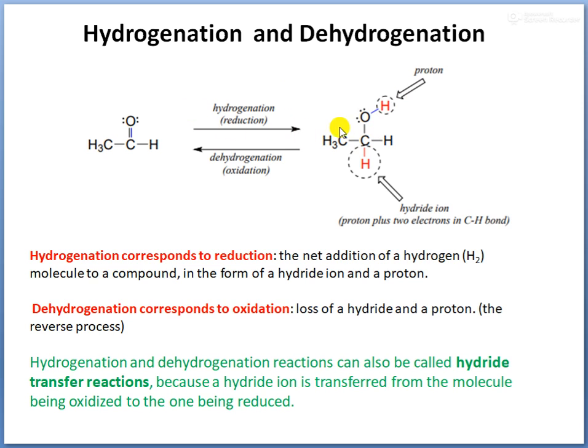This process of addition of a hydrogen molecule to an aldehyde group is a reduction reaction. Hydrogenation and dehydrogenation reactions are called hydride transfer reactions, because a hydride ion is transferred from the molecule being oxidized to the one being reduced.